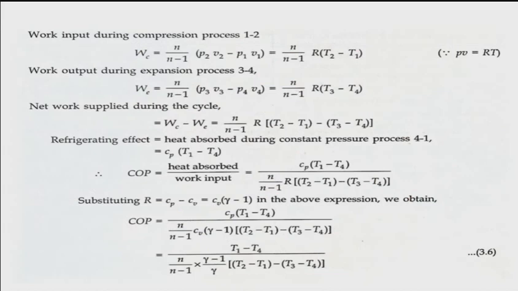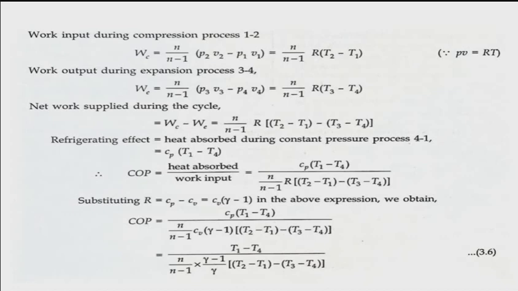And the work of the expansion process, which is 3 to 4, is WE equal to n divided by n minus 1 into P3 V3 minus P4 V4. So the formula becomes n by n minus 1 into R into T2 minus T1, and n divided by n minus 1 into R into T3 minus T4.